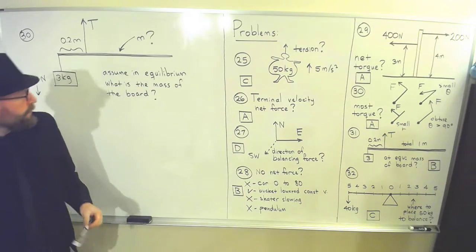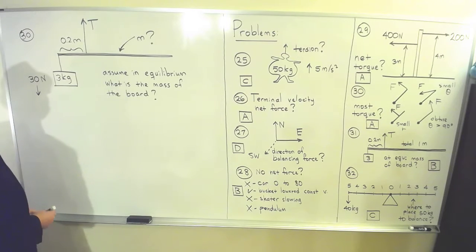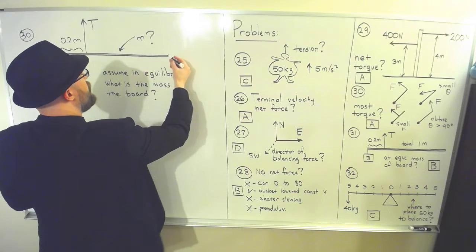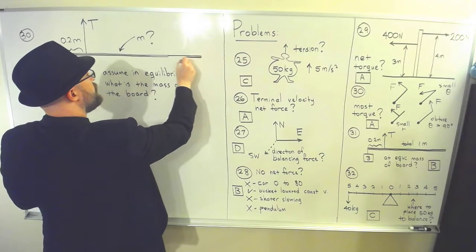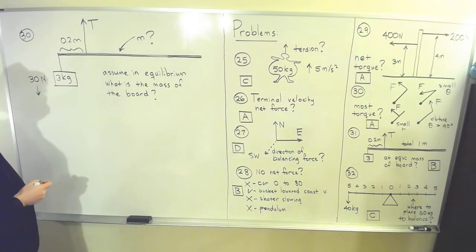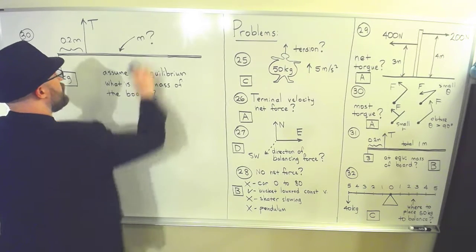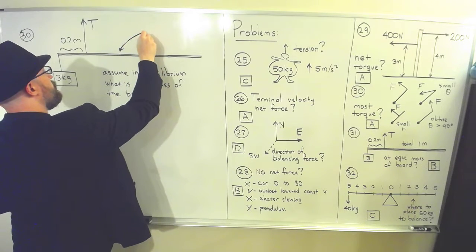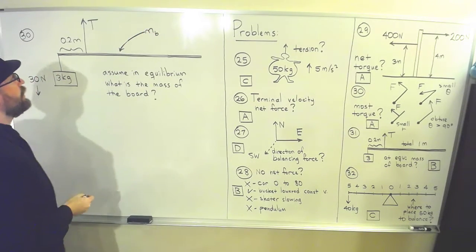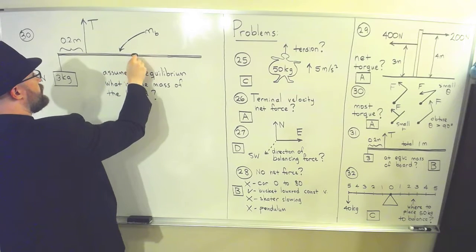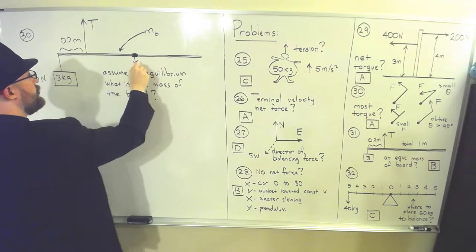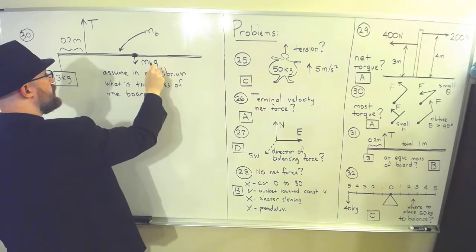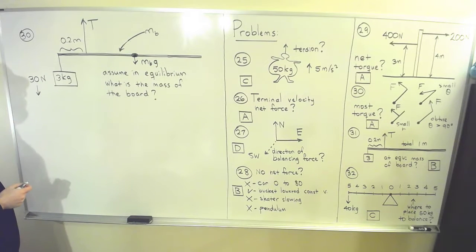Well, here, I'm going to cheat and extend my board a little longer just to make the picture look nicer. You can think about the downward force of gravity on the board. So I'll call this here MB as being exerted at its center of mass. So that's right here. And so this is going to be MB times G going downward.